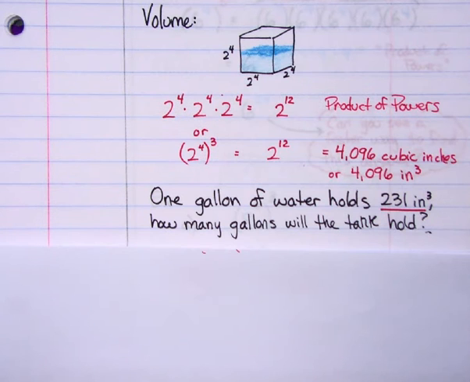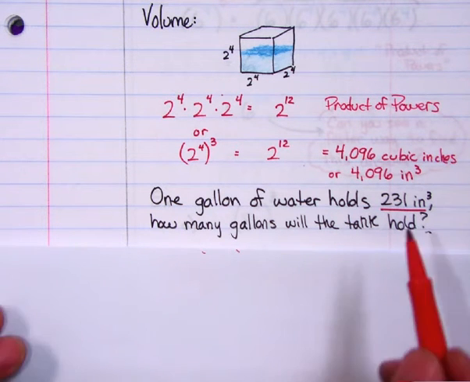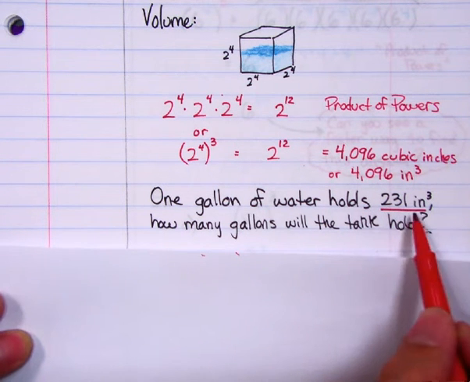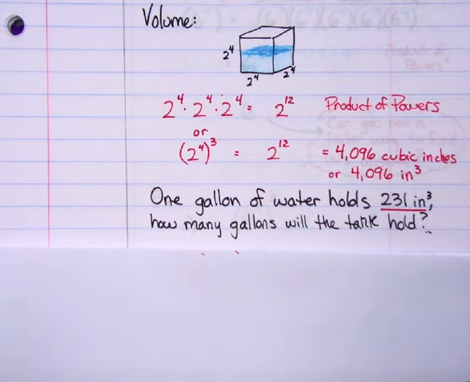Now we're going to take this one step further. What if 1 gallon of water holds 231 cubic inches? If 1 gallon holds that much, how many gallons will the tank hold? I know the tank can hold this much, but 1 gallon of water is only 231. So how would we figure that out?